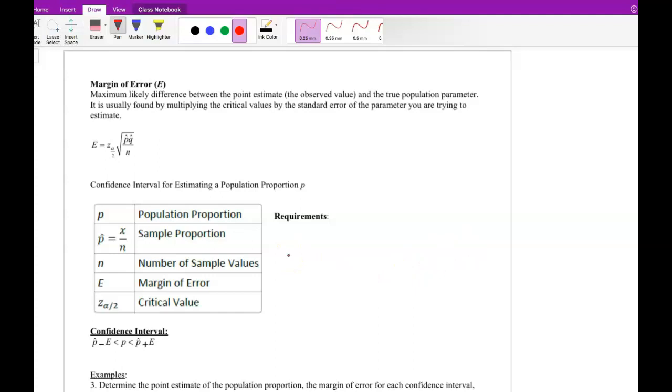Now in this part we have margin of error. So we want to find the difference between point estimate and the true population parameter.